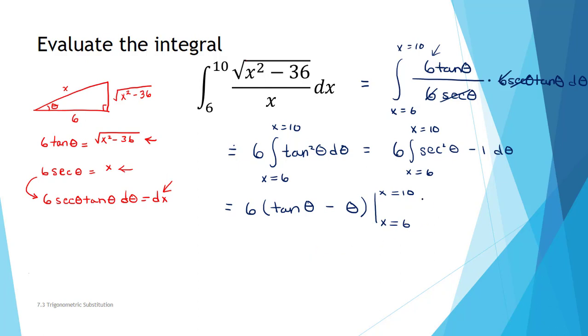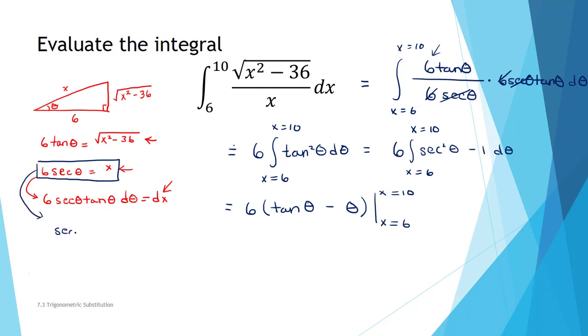Of course, because these are x values, I can't plug them in for theta. I first need to rewrite theta in terms of x. So I'm going to use this equation where I had x written in terms of theta.